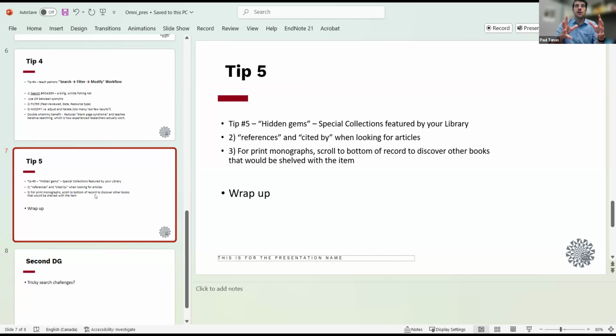So the trick with the red arrow at the top: were you guys able to see where I was pointing the red arrows on my screen? Anyways, if you run an OMNI search and you look at the results and they're journal articles, look at these arrows bifurcating at the top of the reference, and click on them.